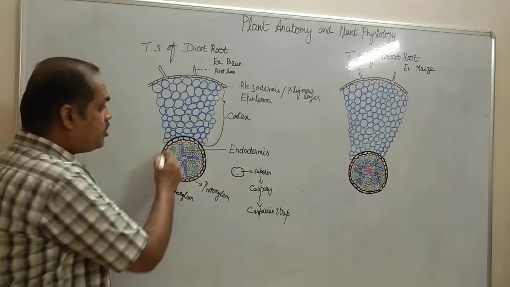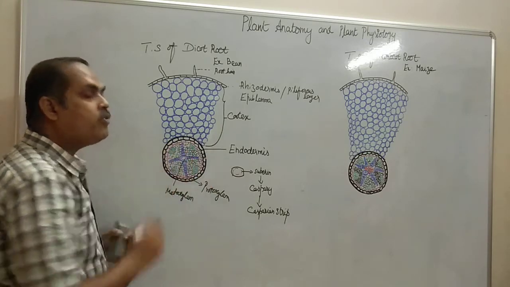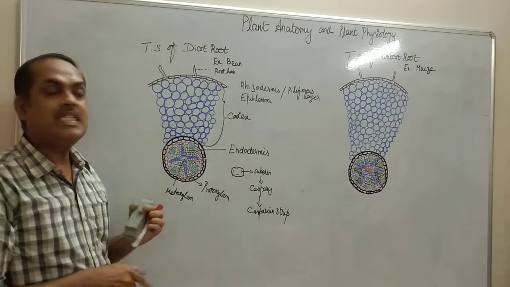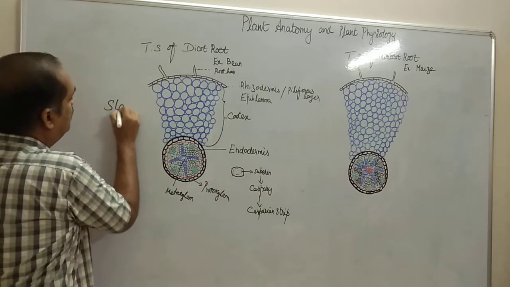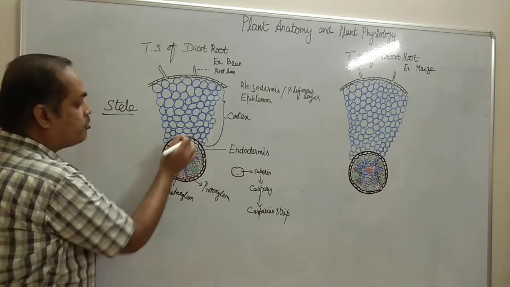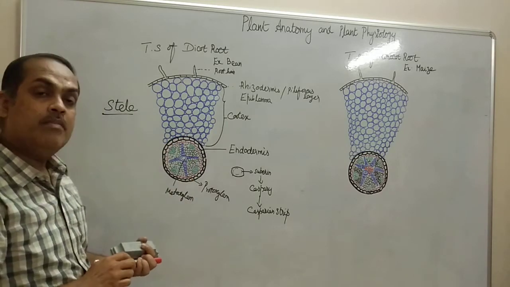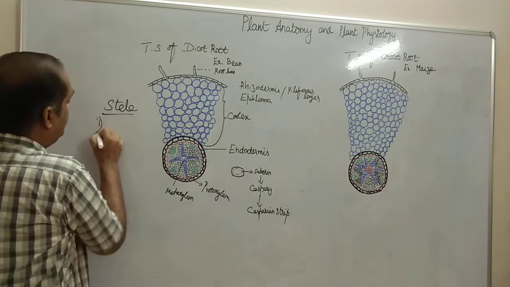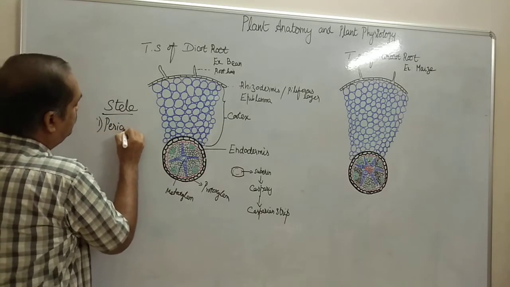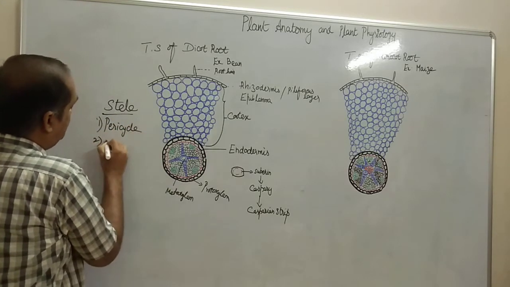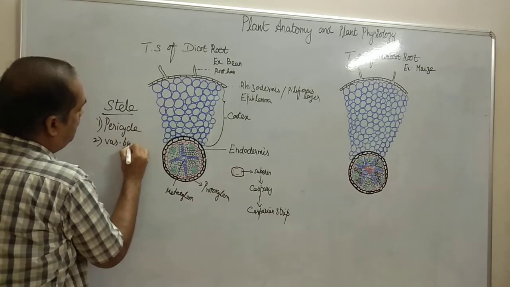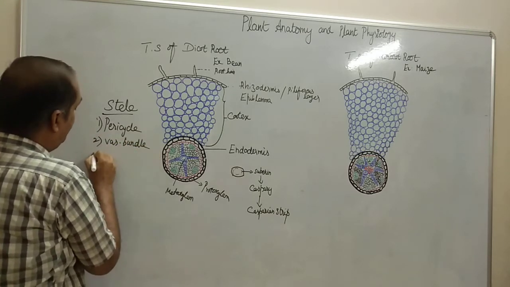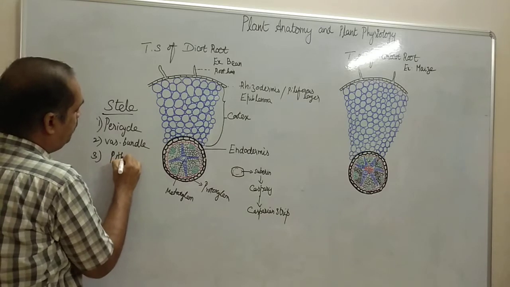Now any tissue that is found inner to the endodermis is called stele. So all the tissues found inner to the endodermis are generally called stele. Stele consists of pericycle, vascular bundles, and if pith is present, we should include pith also.